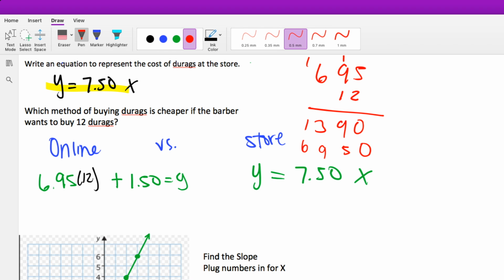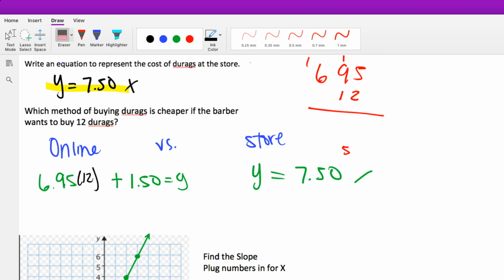And then we simply add. 0, 0 is 0. 9 plus 5 is 14. Put that 1 up here. 1 plus 3 is 4. Plus 9 is 13. And then 1 plus 6 is 7. And I'm so sorry, I forgot to put a 1 up here earlier, but this should be an 8. 83.40, and I do know that because I also put it into the calculator.